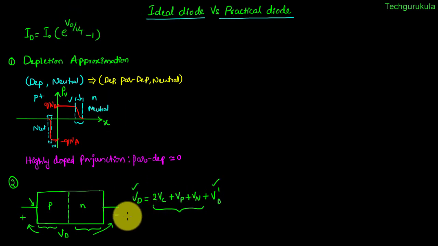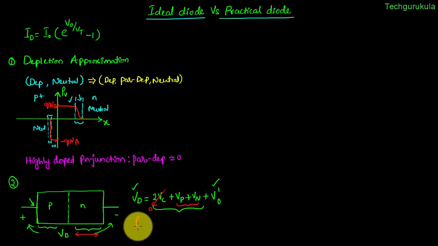Let's say in practical diode construction, we choose the metal in such a way that the potential drop at this contact is very less so that we can neglect it. So even in a practical diode, we can make it very close to 0. But then how about the potential drop on P side and N side? Because the neutral regions' length would be finite and there is a cross-sectional area.